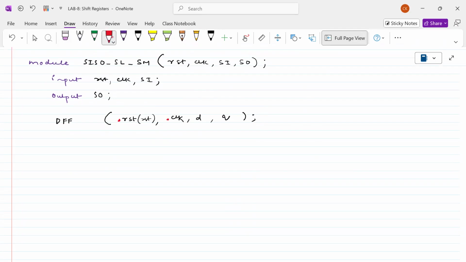Clock of the D flip-flop is connected to the shift register clock. The D of the D flip-flop is connected to the serial in of the 4-bit shift register.